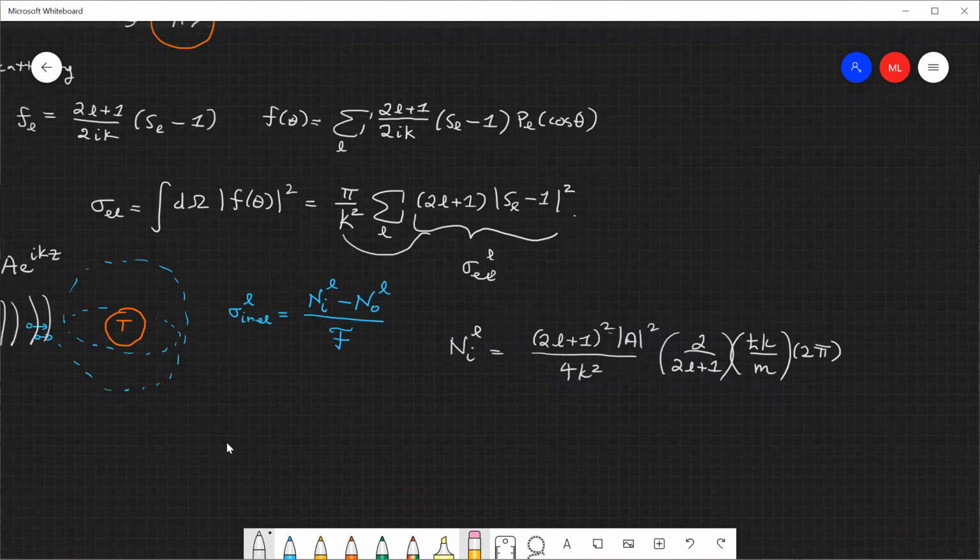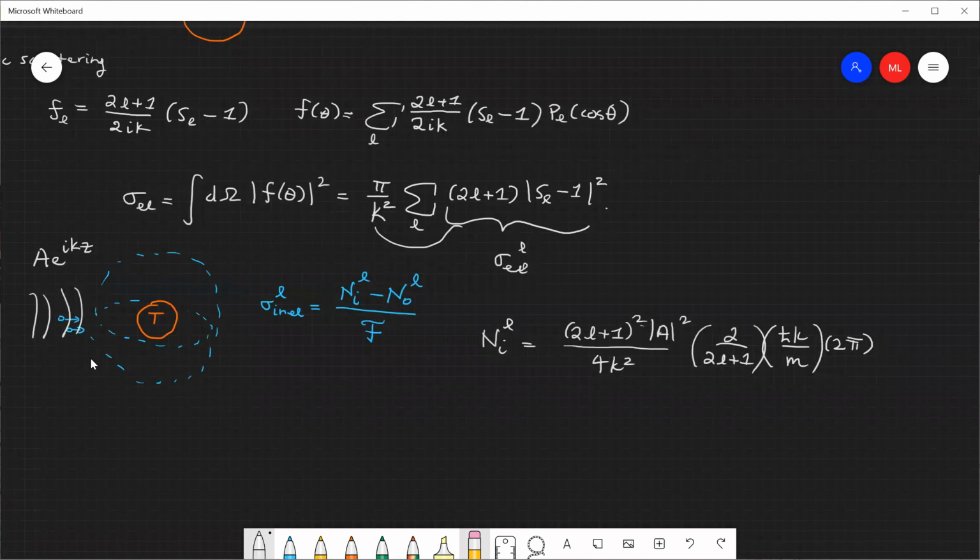We're basically looking at the number of incoming particles at some far radius r due to this incoming plane wave. Of course you have to do a spherical integration and so on, and the nth partial mode will come from the expansion of this.